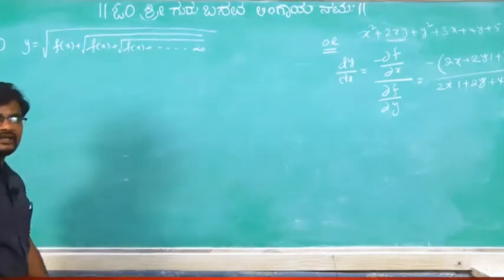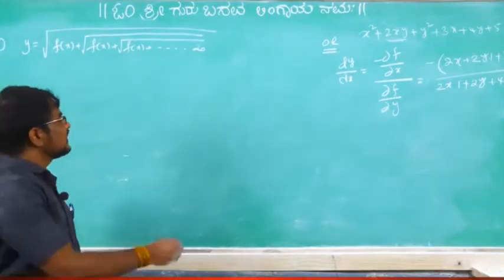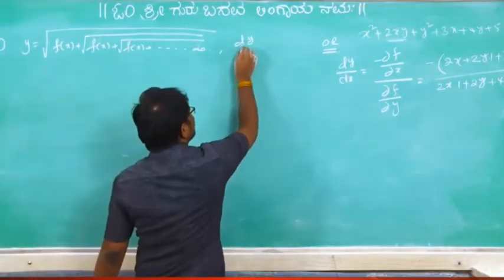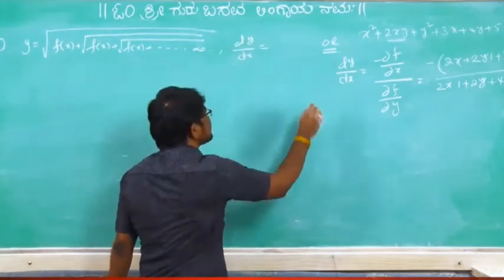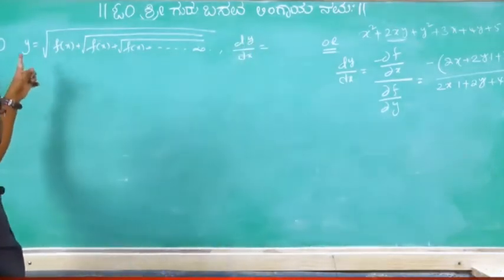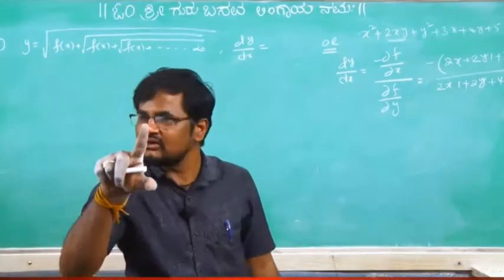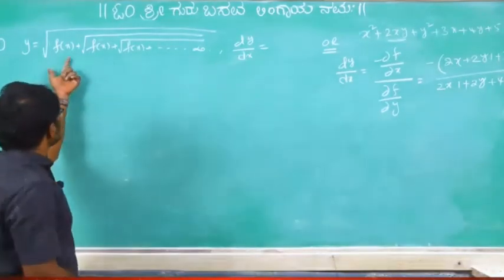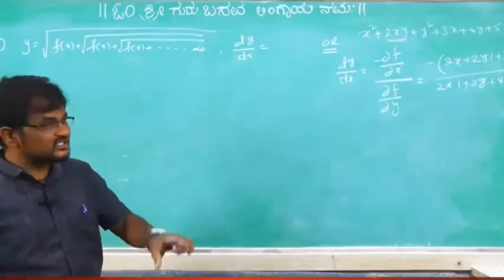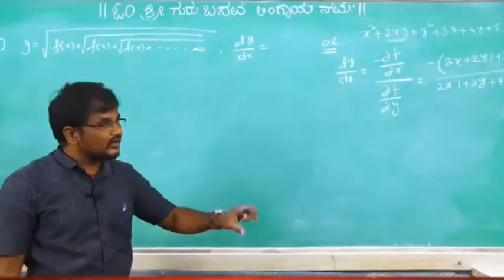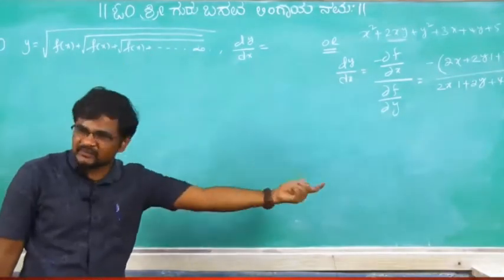Then they are asking, this is also an important problem, dy by dx. Once again listen, y equal to root of f of x plus root of f of x plus root of f of x. Here in place of x, any function you can take. One general problem I am taking. Okay, no? You can take this as a formula for the next problems also.